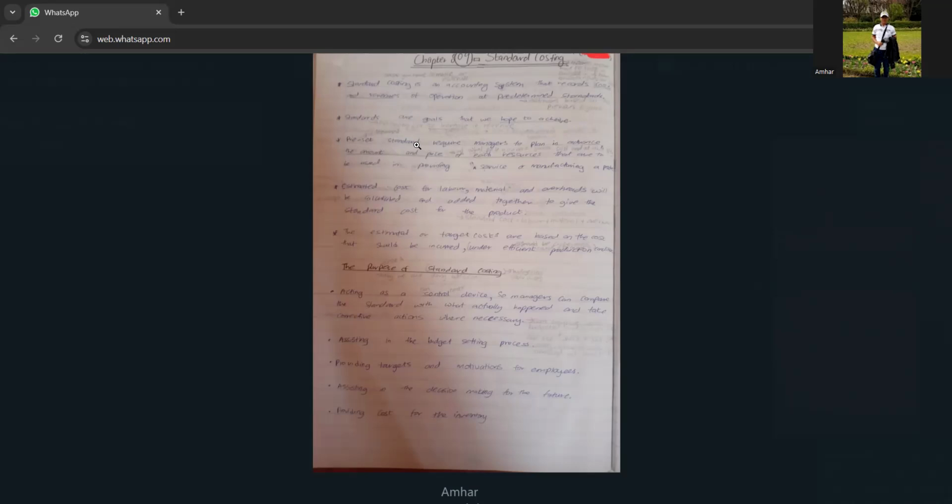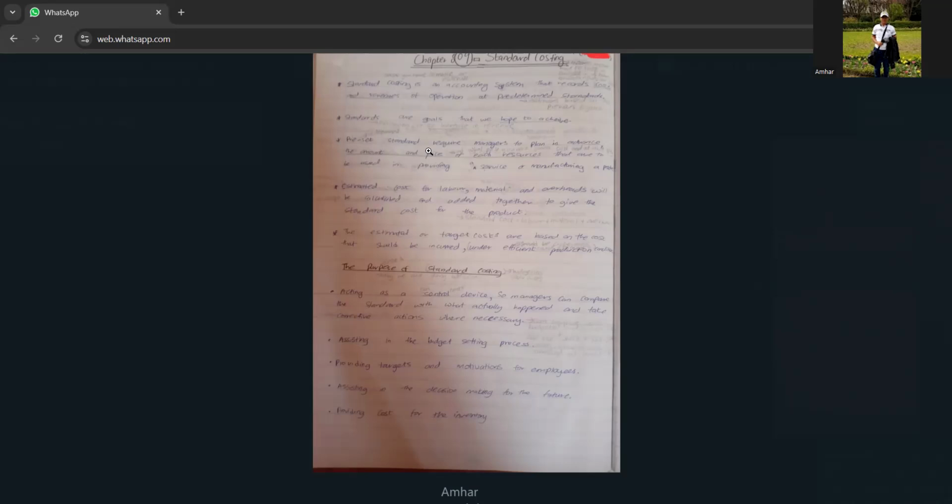Predetermined standard requires managers to plan in advance the amount and price of each resource that is to be used in providing a service or manufacturing a product. So that means predetermined standard is needed for the managers to plan in advance what is the amount and price of each raw material or each resource to be used in producing a particular product or in providing a particular service.